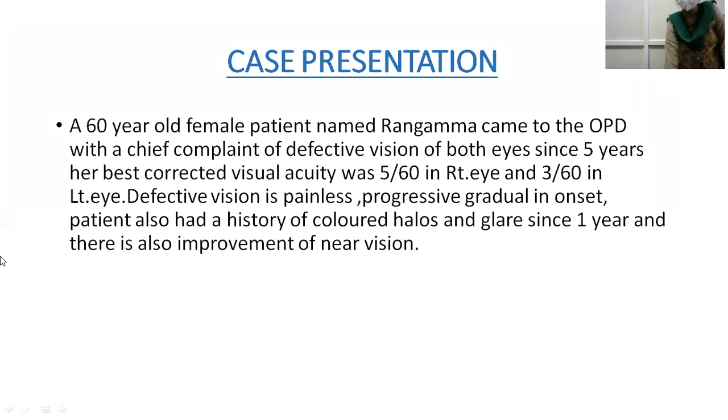In early stages of senile cataract, the secondary vision appears due to the increased opacity of the lens, and the patient is also having colored halos, and he has a gradual progressive loss of vision. The slit lamp examination shows the opacity of the lens of the second grade, which is yellow to brown in color.